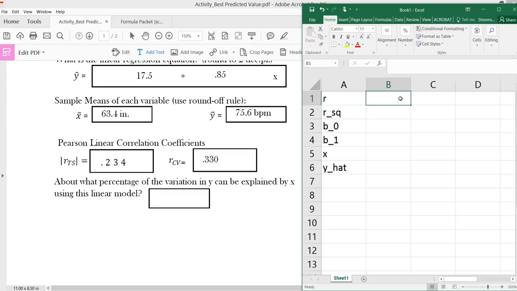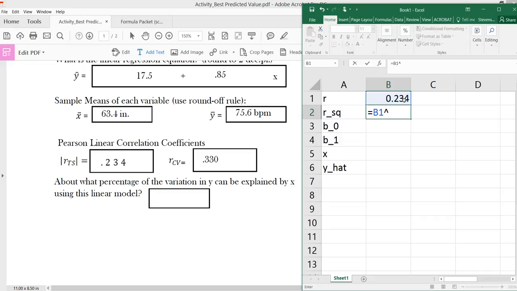So I had 0.234 for R, and then R squared would be using the caret key for exponents. Remember, whenever you put an equal sign into a cell in Microsoft Excel, whenever you start with an equal sign, it turns that cell into a calculator.